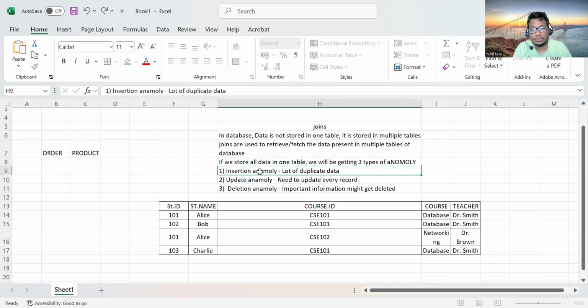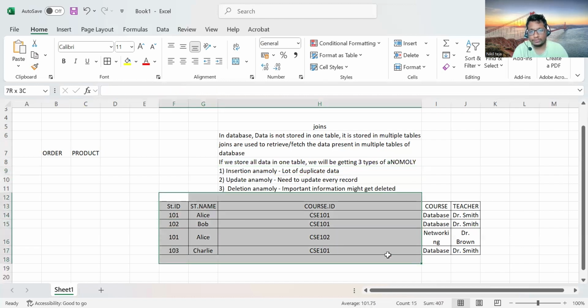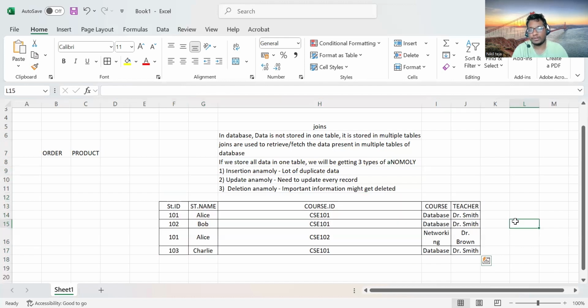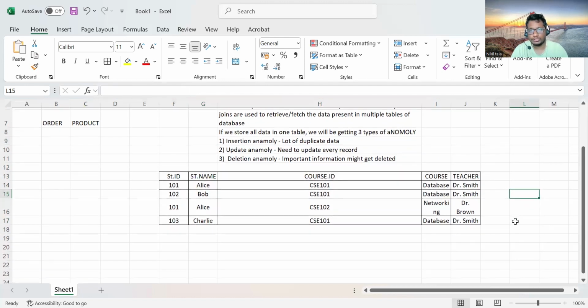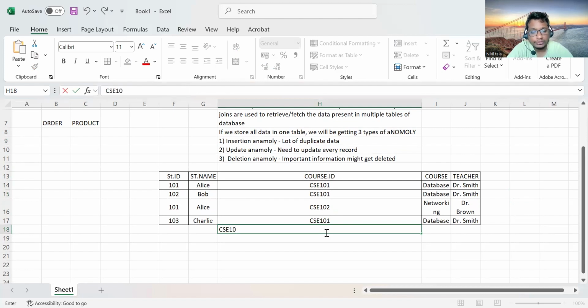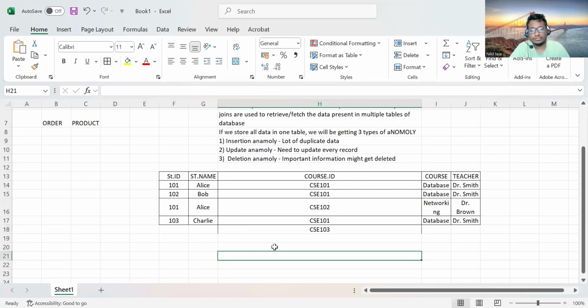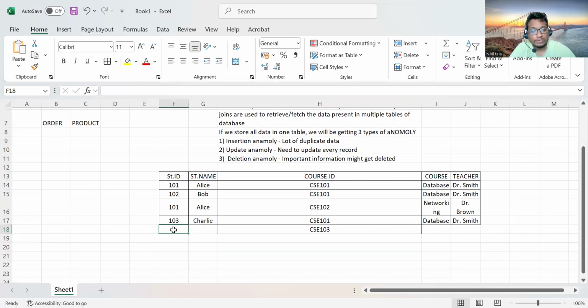First is insertion anomaly. A lot of duplicate data will be there in insertion anomaly. For example, let's consider this is the big table. Actually, this is a small table, but I am showing this as an example. Suppose a new course CSC 103 is added, and student ID 101 is enrolling in the CSC 103 course ID.